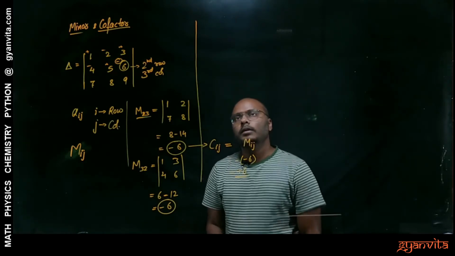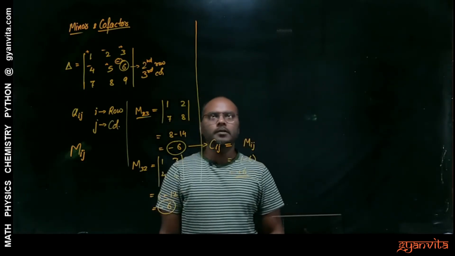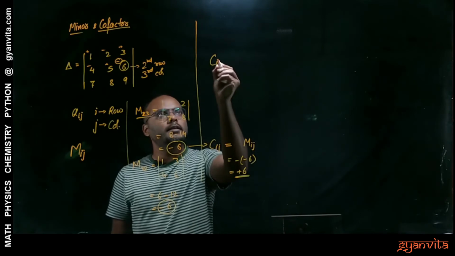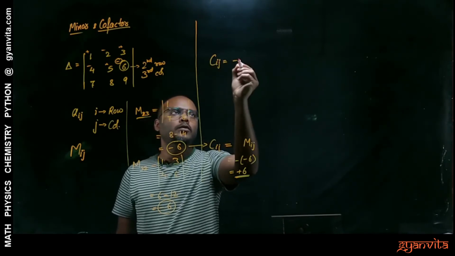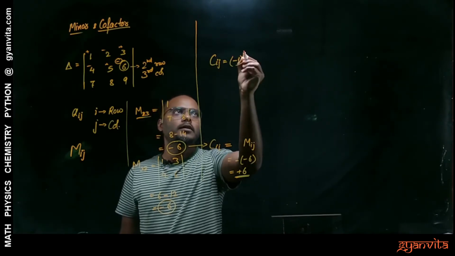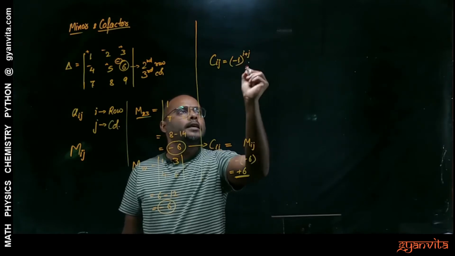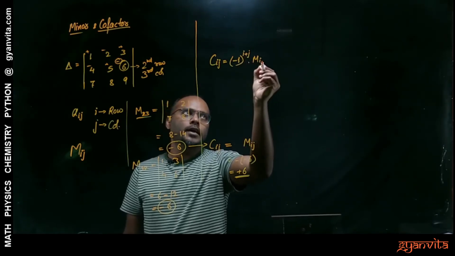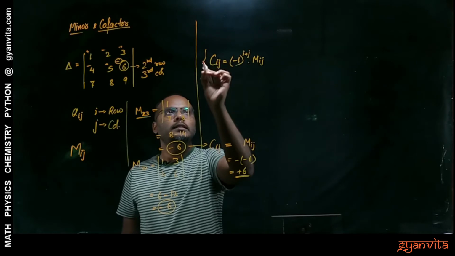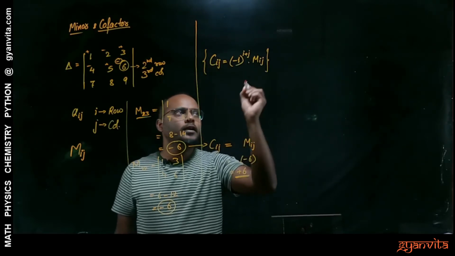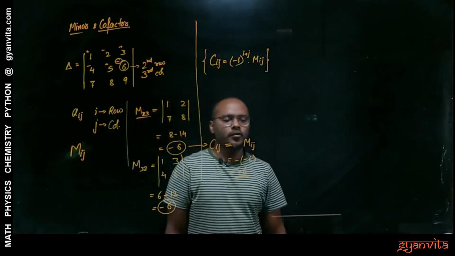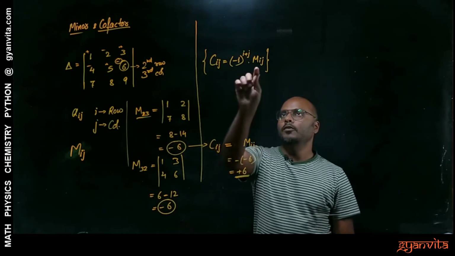If I have to summarize, C_ij is equal to minus 1 to the power i plus j into M_ij. That means if you want to find the cofactor, you must know how to find the minor.